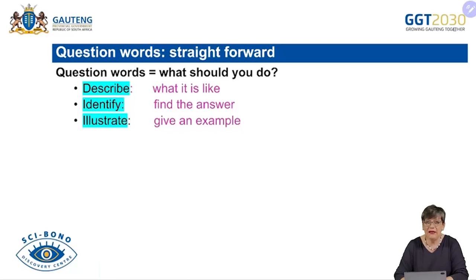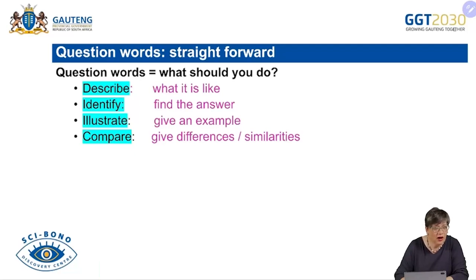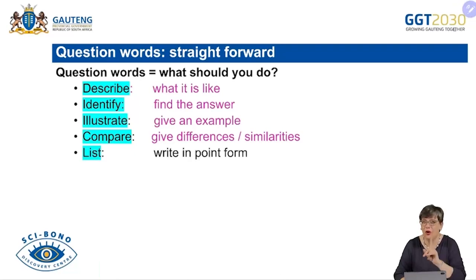Illustrate means to give an example. Compare means you have to give us either the differences or the similarities. Be careful. In this question, they might tell you specifically they want the differences, but if they don't say anything, give both, just to make sure. Look at your mark allocation.